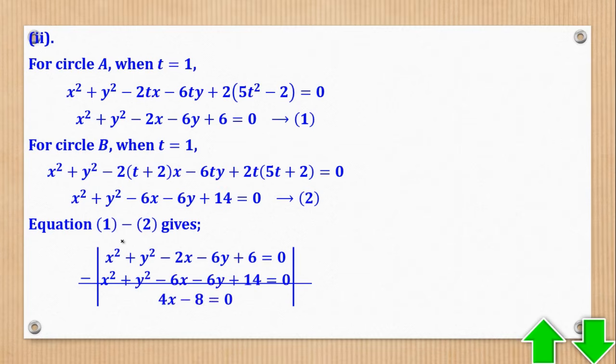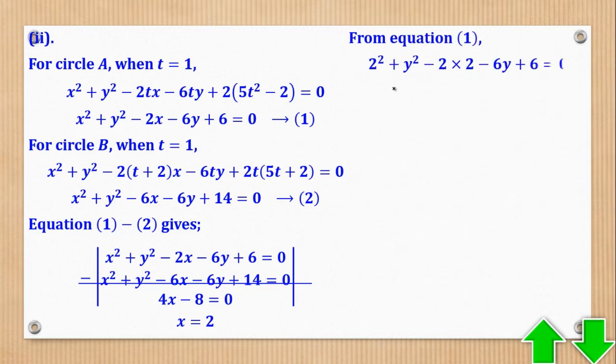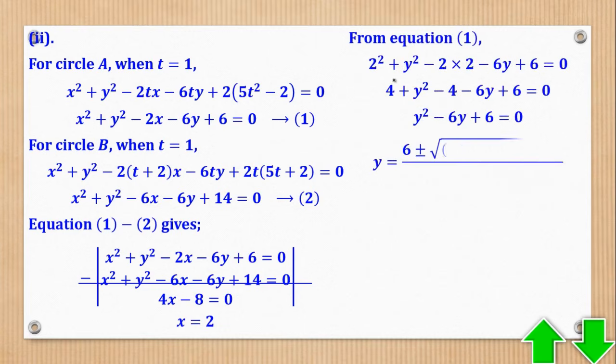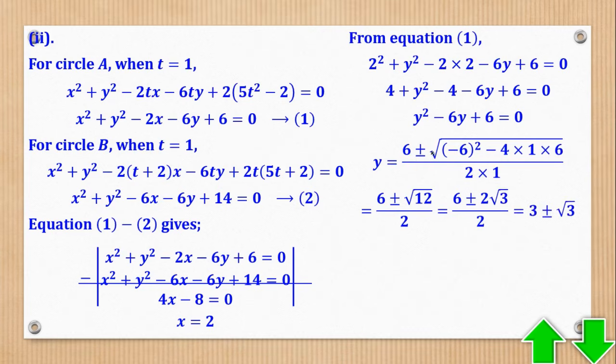Therefore, equation 1 minus equation 2 gives you this. Therefore, make x the subject, x will be equal to 2. Now from equation 1, I can substitute for x to come up with the value of y. Y is a quadratic, so I'll use the bulldozer method to come up with the two values of y.